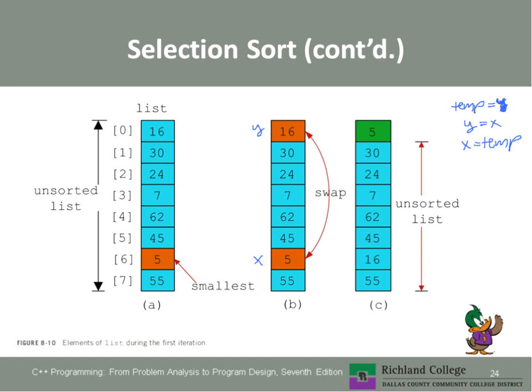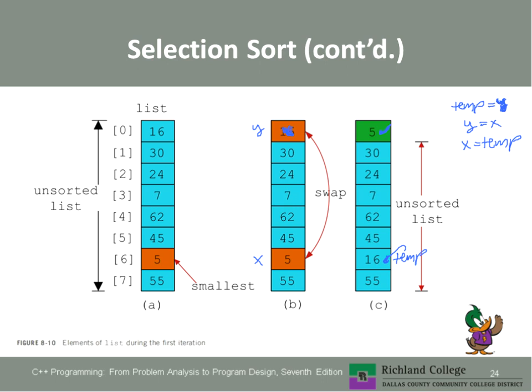So that way you can see that first we need to store this, right? So now it doesn't matter if we overwrite it. Now we can overwrite it. But because we overwrote it, we did not know what was there before. So then we take whatever is in the temp variable and assign it to this location.